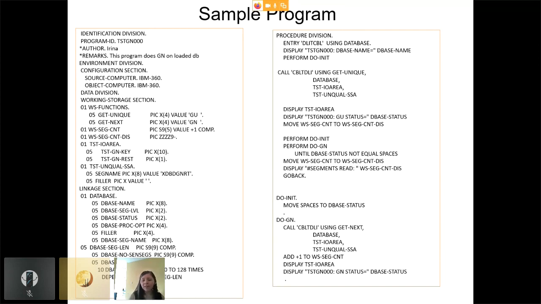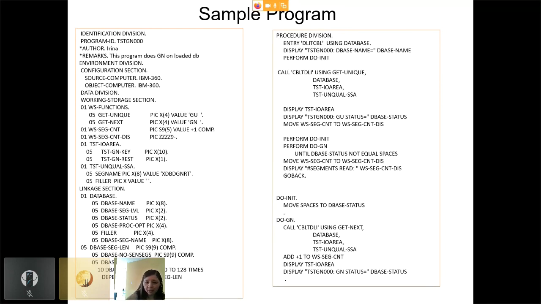For my case, I know the database works, but in reality, you need to check for the end of database or non-space, and you've got to act appropriately. If it's the end of the database, you're done. If it's something other than spaces or end of database, which happens to be the GB status code, then you have to report an error and see what's going on in your program.